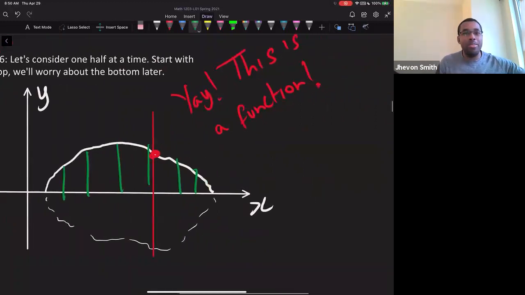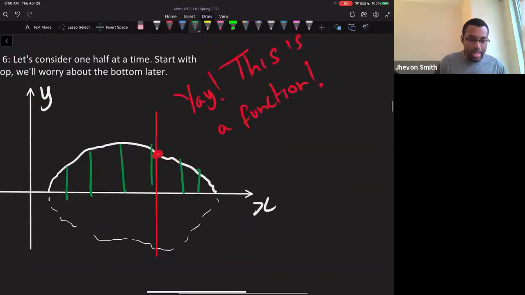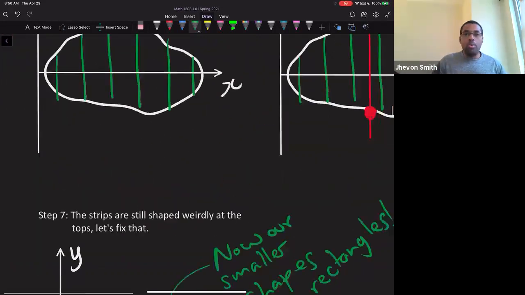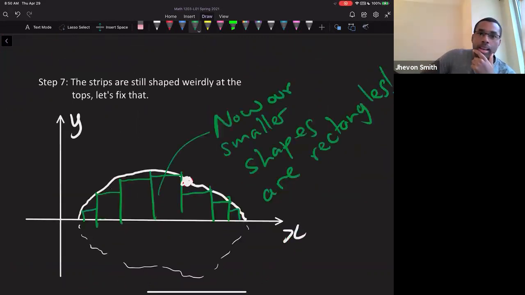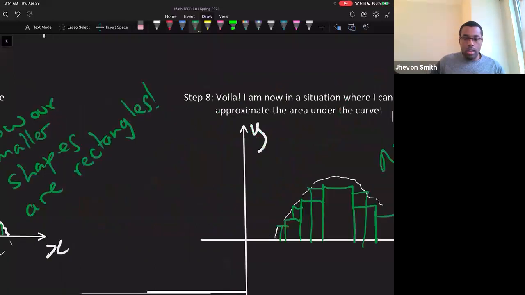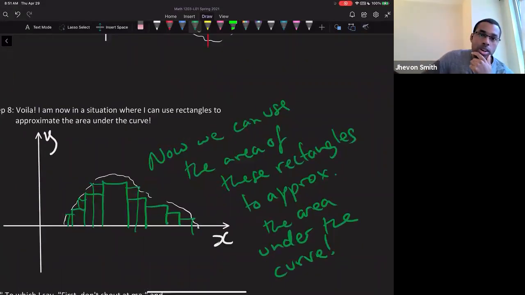So what we have now is we have the idea of how we're going to proceed. So now what we do is we create these smaller rectangles inside, just as we did before, but only cutting in one direction. And you can use the area of the rectangles to approximate the area under the curve.